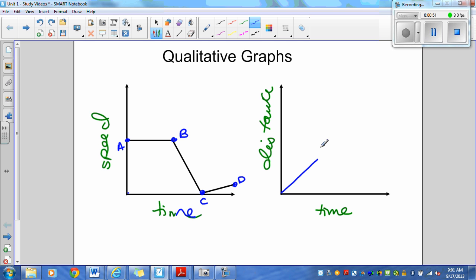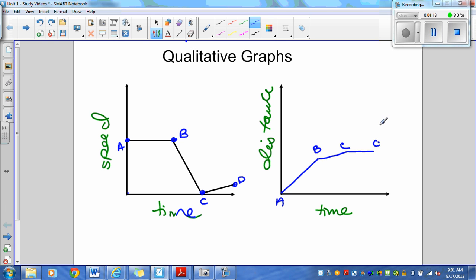You're going to notice the speed slows down. So you're now more gradual, and then you eventually stop. At C you stop. So I'll put A, and then from B to C, and at C you stop.